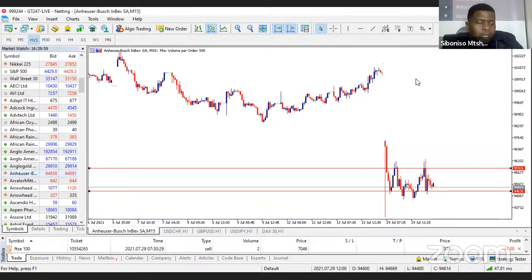Remember, let me see the share price. Oh, it's 100 rand. Okay, it's 100 rand. So I hope as this one is also dropping, we may expect that the same thing may happen.